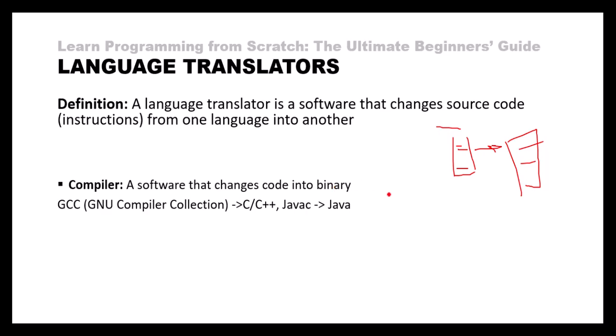In the case of Java, it is converted to binary using a compiler called javac, the Java compiler. So a compiler is simply a language translator, a software that changes source code into binary.